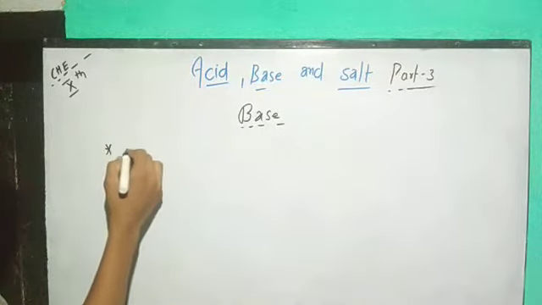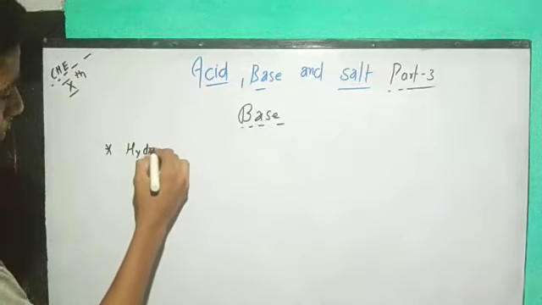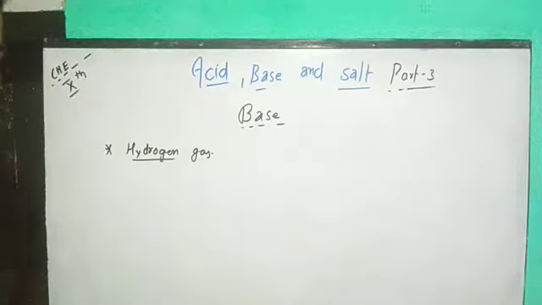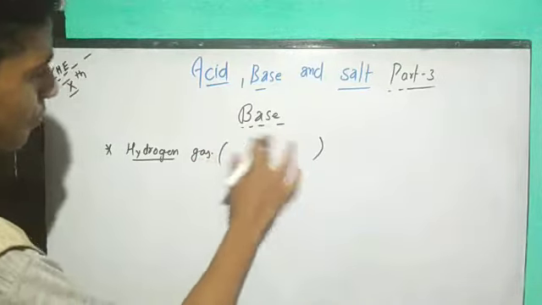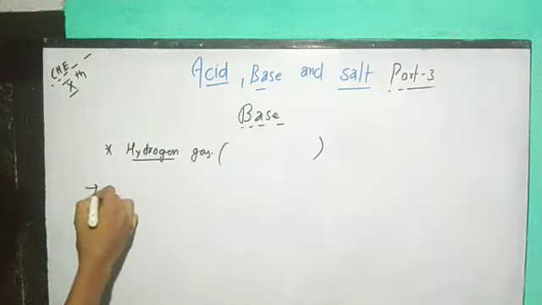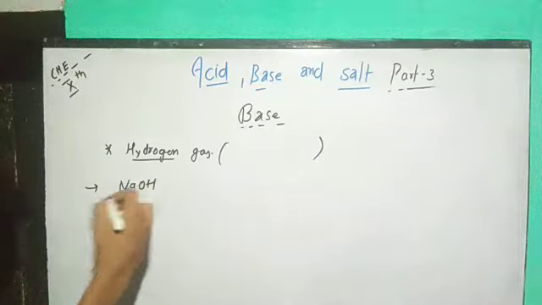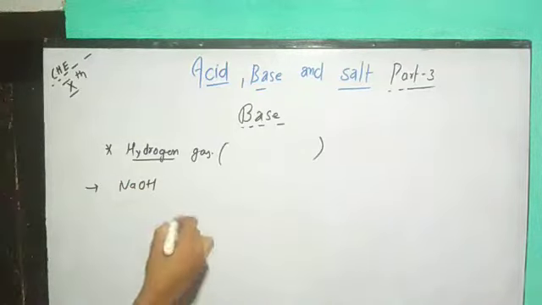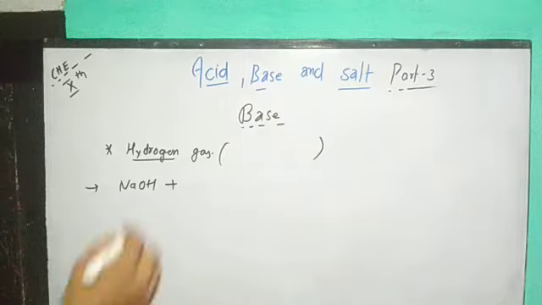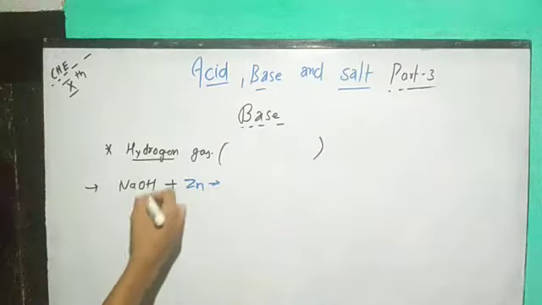Whenever bases react with metal, we get hydrogen gas as the byproduct. Suppose I take one example, NaOH, which is sodium hydroxide, a type of base. Now we are going to react NaOH with a metal. Suppose I am taking zinc, Zn. Then what will we get over here?